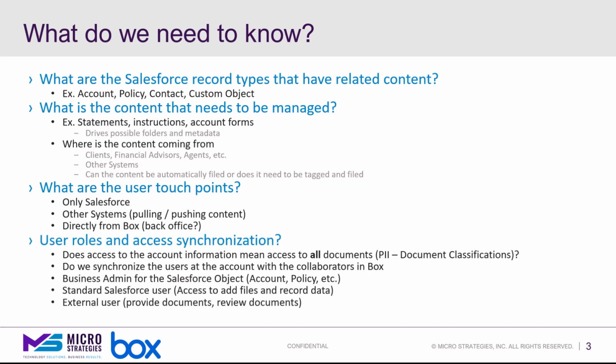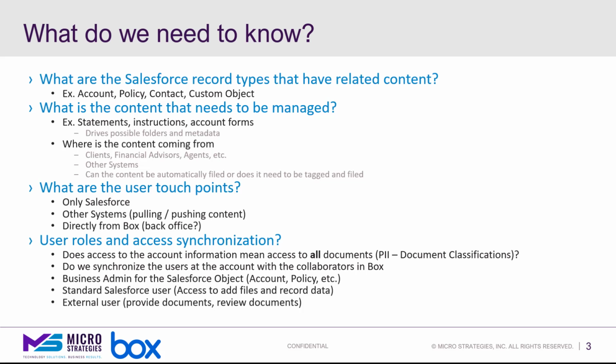And then, of course, user roles and access synchronization. Does access to the account information mean all documents? In other words, if there's PII, are we taking advantage of document classifications in Box to lock down certain types of documents? Do we synchronize the users at the account with the collaborators in Box? In other words, if I have access to, say, the account information, do I have access to all the documents in Box?